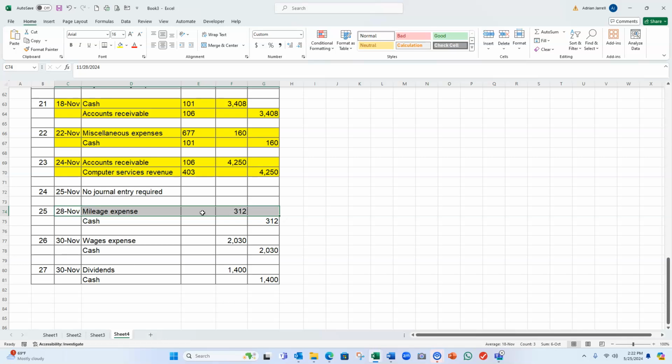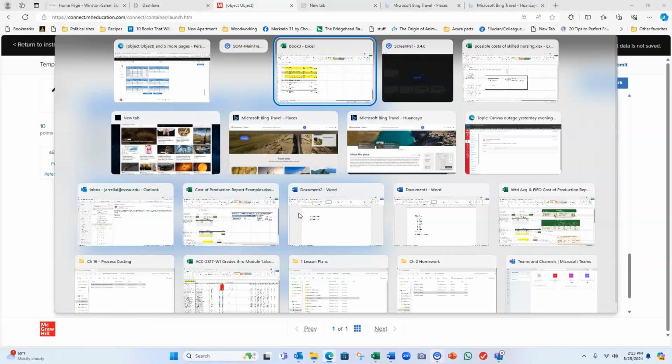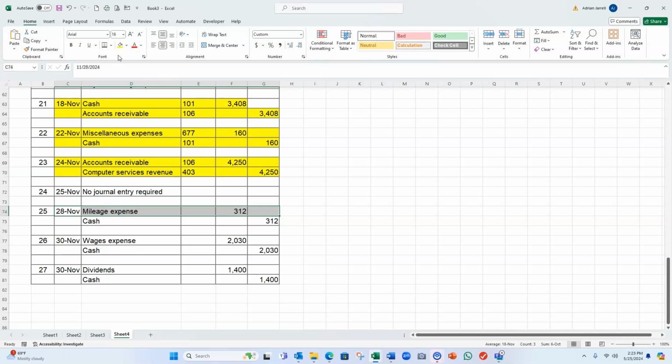That is account number 676. And then we're going to credit cash. Record the credit to cash on the 28th for $312.